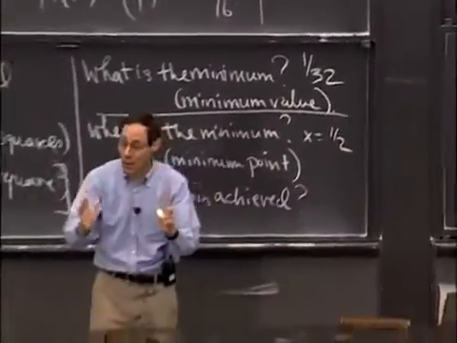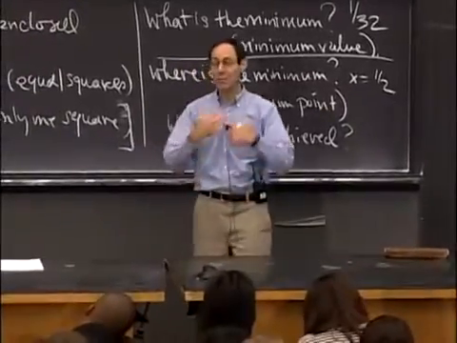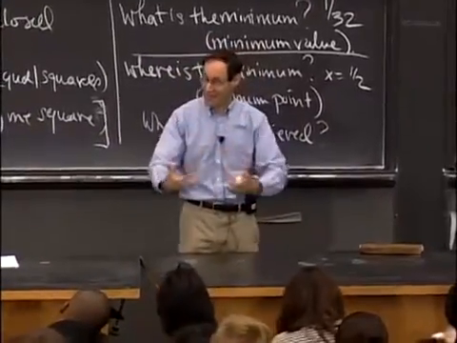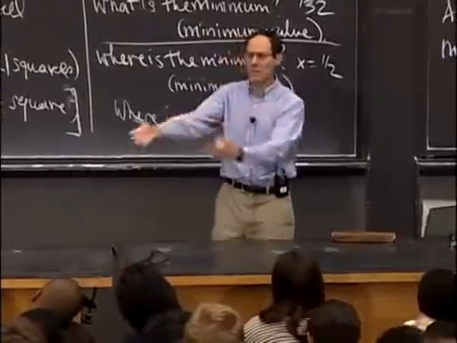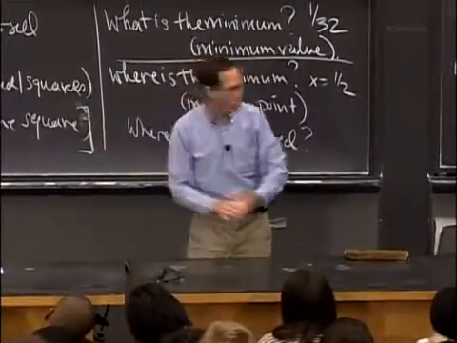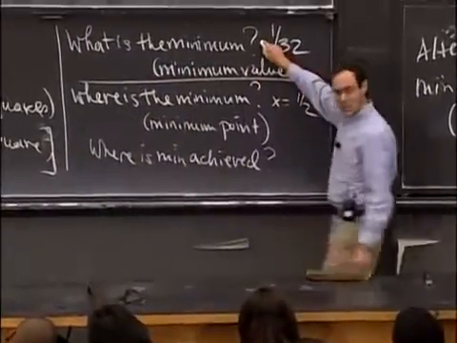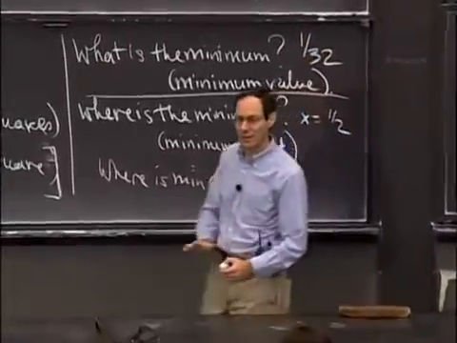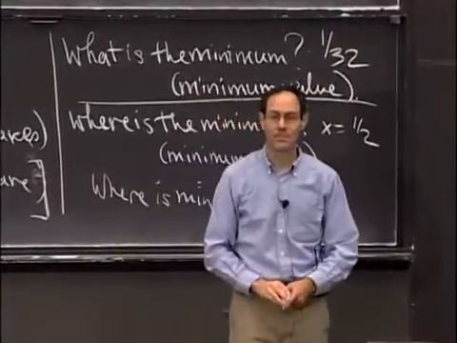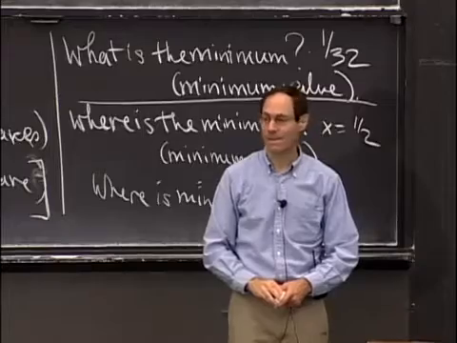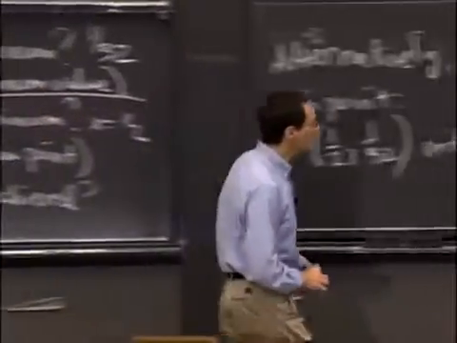However, I want to prepare you for the fact that in real life, and even me when I'm talking colloquially, when I say what's the minimum point of something, I might be mixing it up with this other notion here. All right? Okay, so let's do another example.